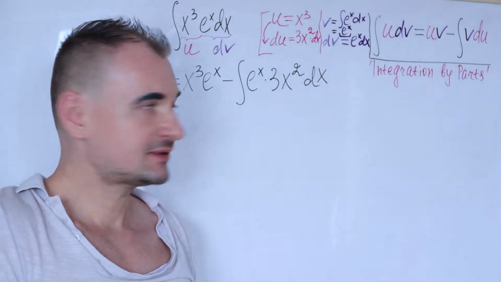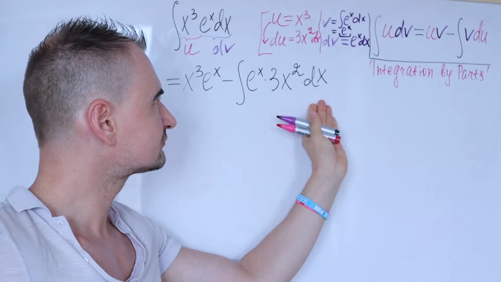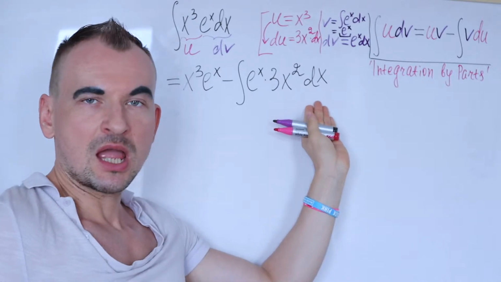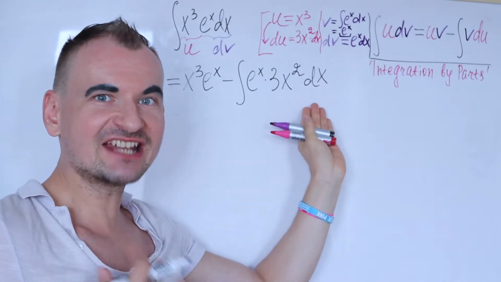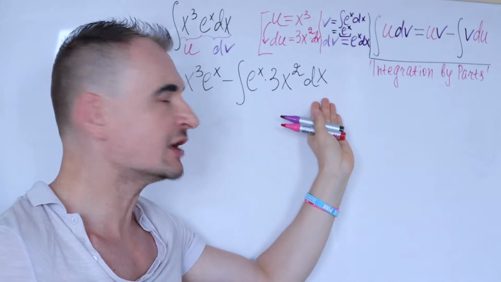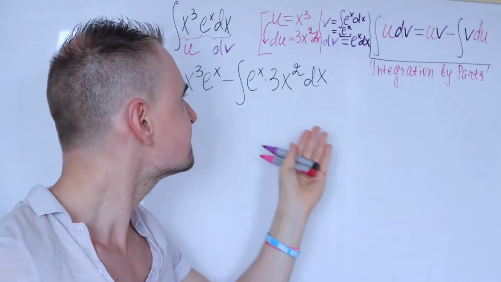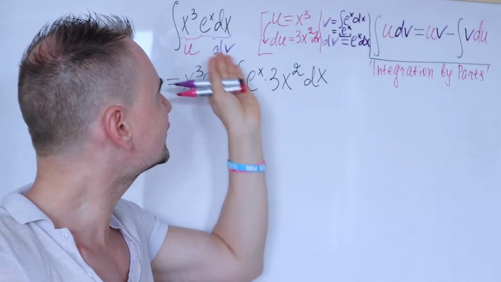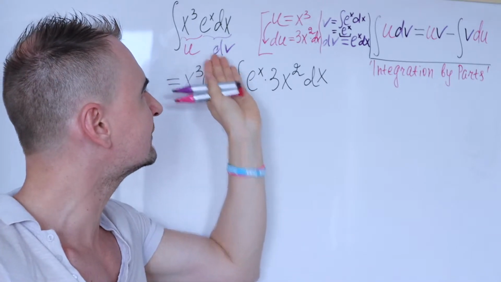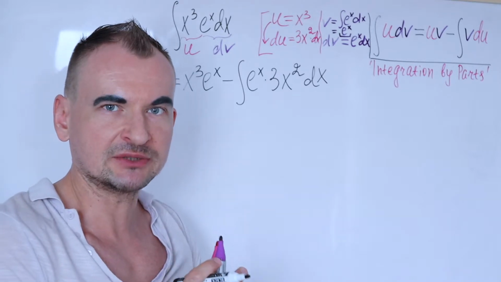All right. Look at this integral and ask yourself, can we integrate it? Can we take this integral right off the bat immediately? No, unfortunately, because it looks similar. It's kind of reminiscent of what we had before. Again, we have two functions being multiplied.